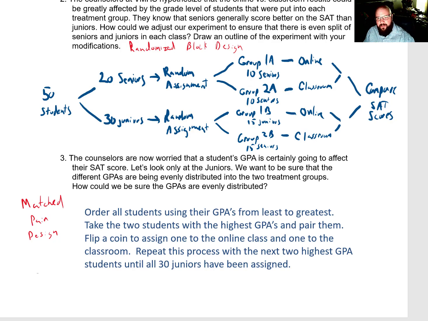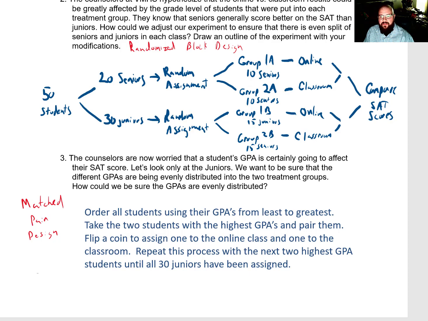So with a matched pair design, we're going to do this. We're going to order all students using their GPAs from least to greatest, okay? Then we're going to take the 2 students with the highest GPAs and pair them together. Then we use something as simple as flipping a coin to assign 1 to online class and 1 to the classroom.